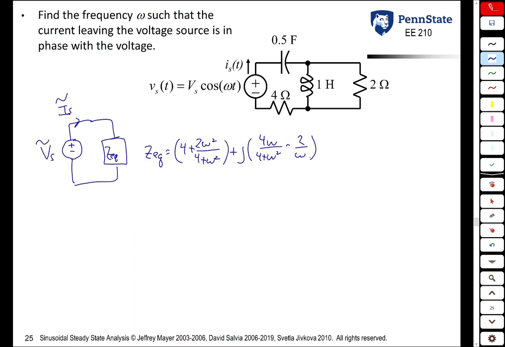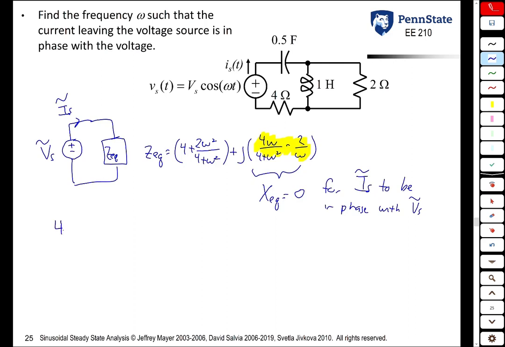For IS to be in phase with VS, we need the imaginary part, the reactance, to equal 0. So all we need to do is set this part of the expression equal to 0 and solve for omega.